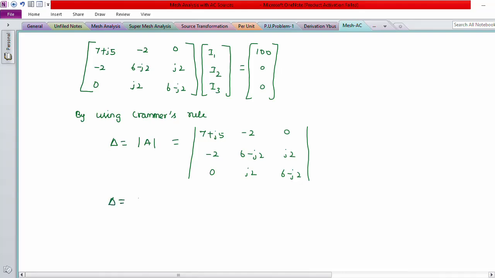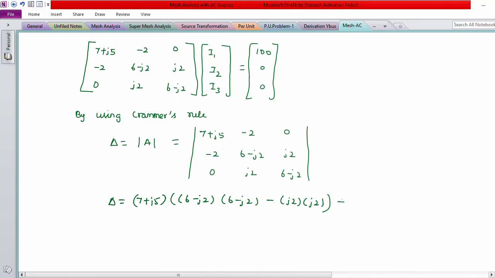If you simplify that, taking the first row as a reference, this first column and first row will get cancelled. So we can write 7 plus J5 multiplied by (6 minus J2 into 6 minus J2, minus J2 into J2).